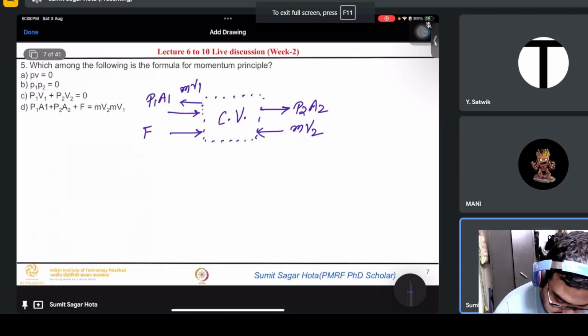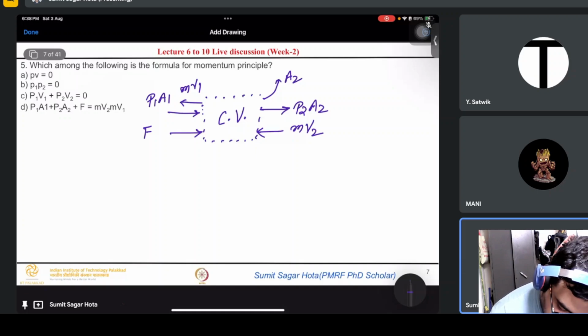This is your area A2 and this is your area A1. Now what is the area?